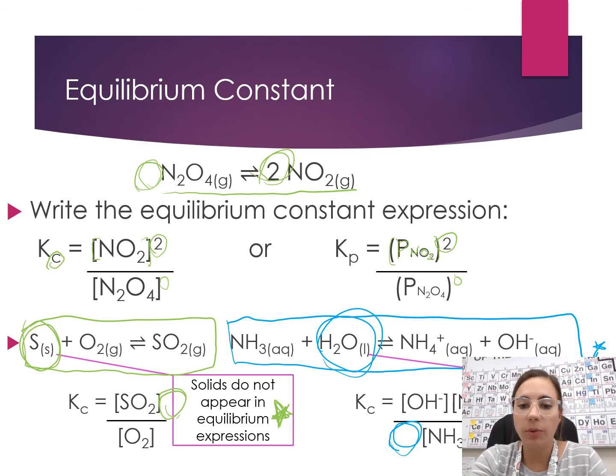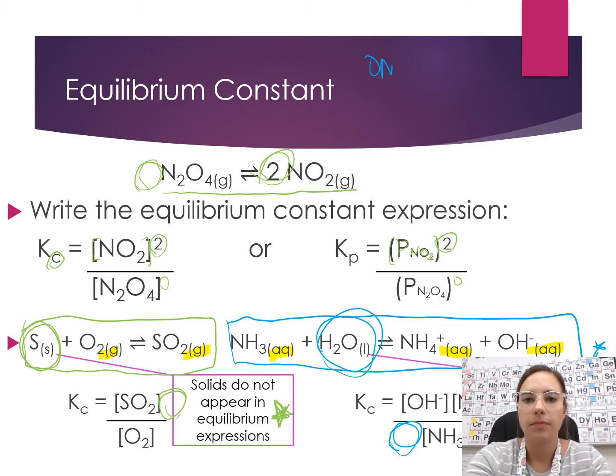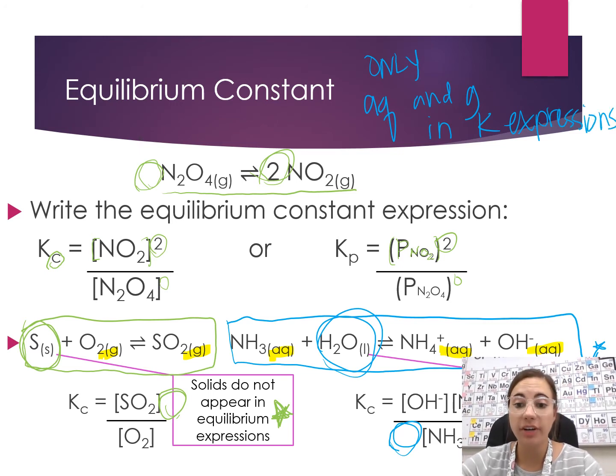The only things that we can have partial pressures or concentrations of are aqueous and gas. So just to reiterate, only aqueous and gas in our equilibrium constant expressions. Okay, so very, very important. Do not ever include solids or liquids.